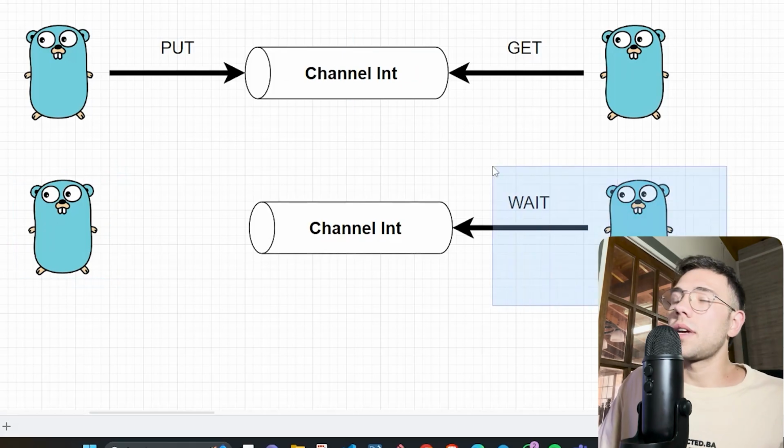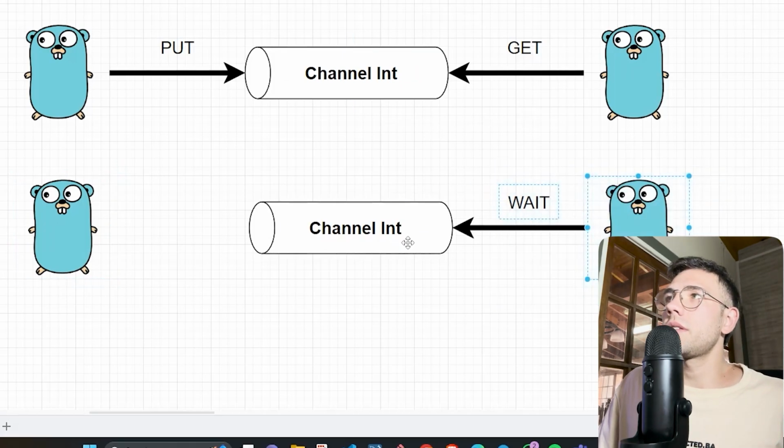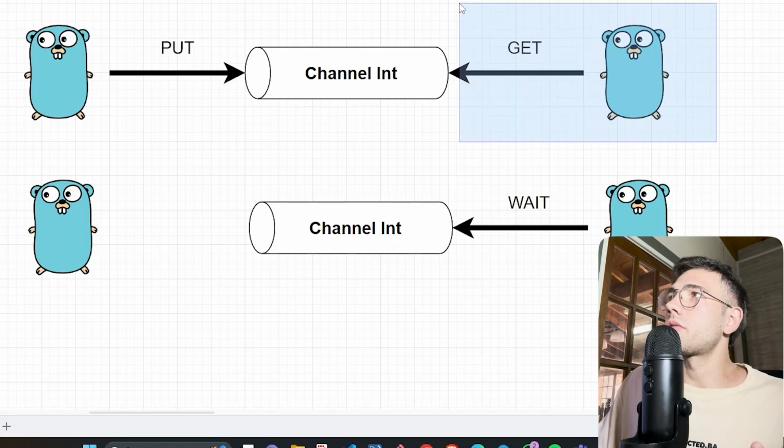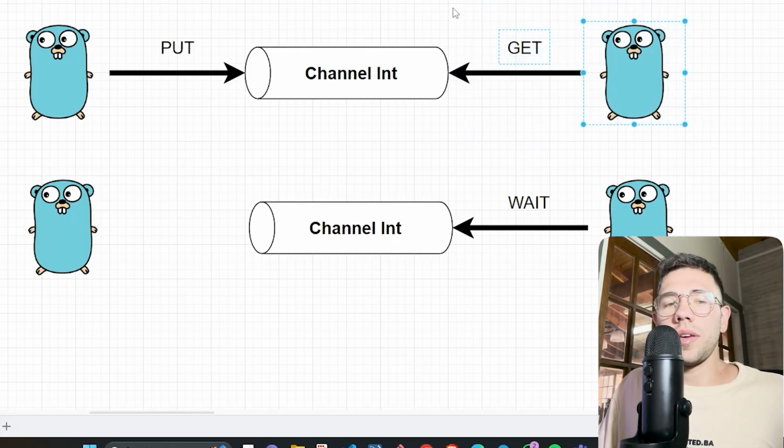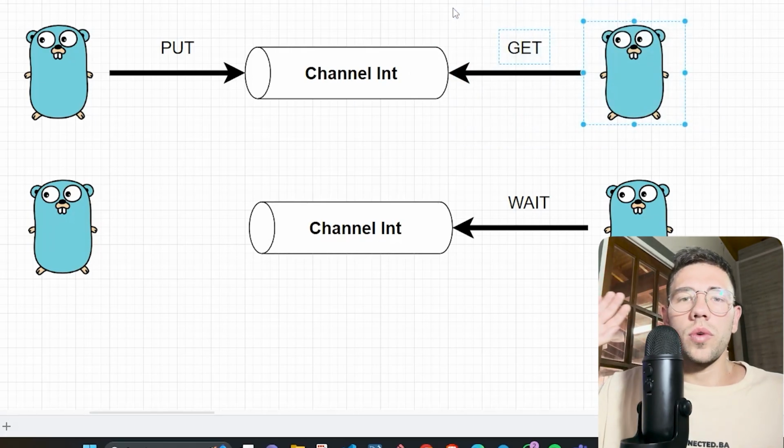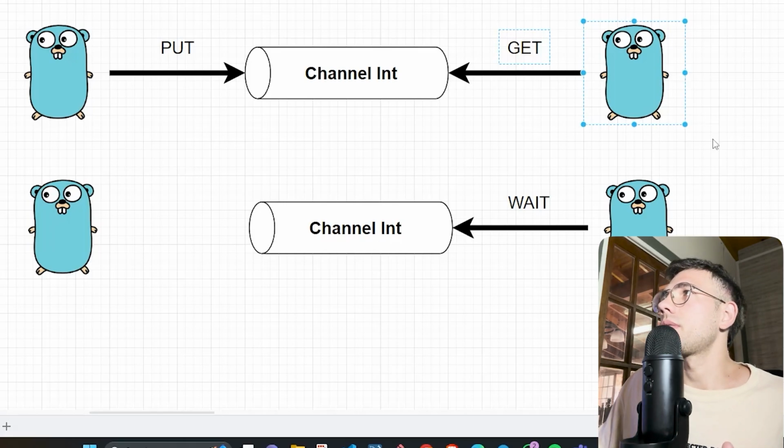So the coroutine listening to this channel can be blocked by the channel itself, because if there is no message, this coroutine will be blocked and will not execute until it gets a message from the channel. But if the other coroutine puts the message first, this coroutine will get the message immediately and will execute the other things that it has to do.